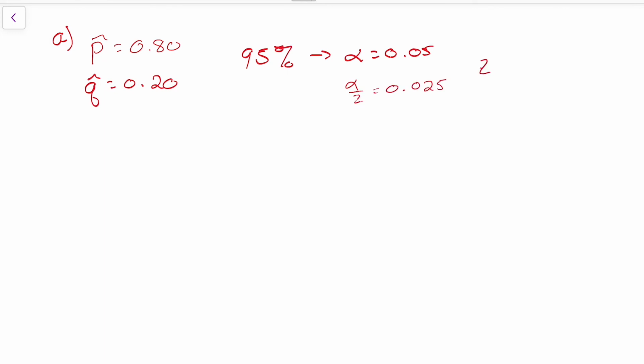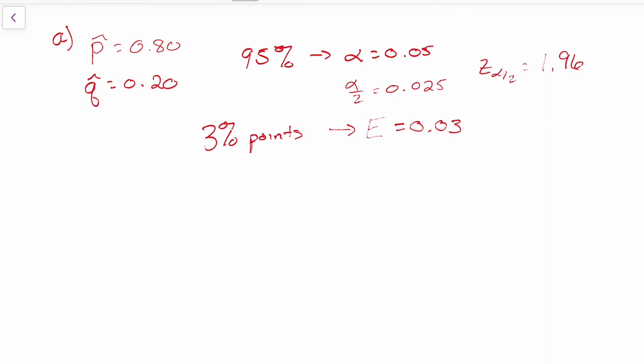Again, that will give us a z-score, as we've seen before, of 1.96. We want to be within 3 percentage points. However, our margin of error should not deal with percentage points, it should deal with a proportion. So E is going to equal 0.03.